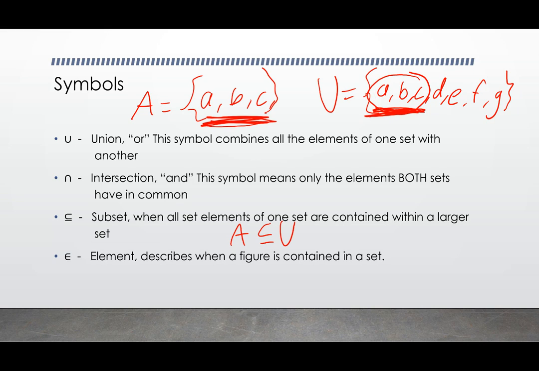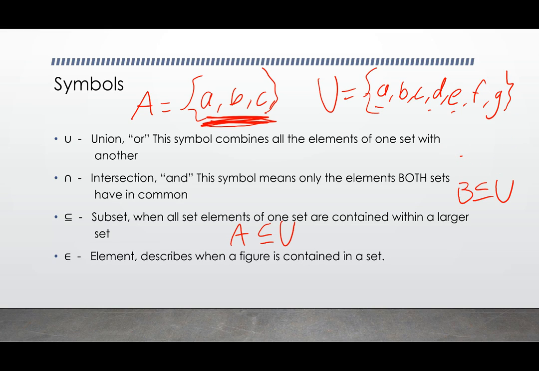So I'll call the set B, and I'll say that B is A, D, and E. B would be considered a subset of U because all the elements in B are also in U. A, D, and E are also in that set.